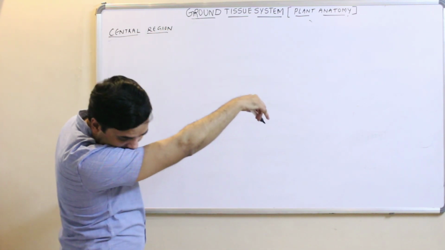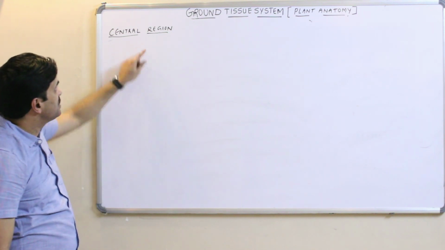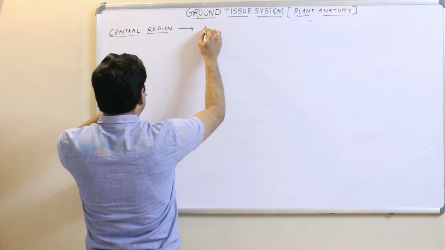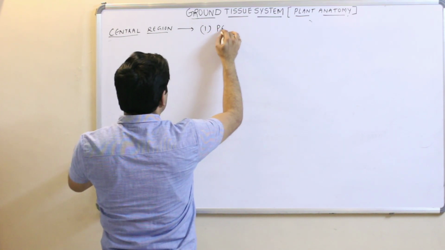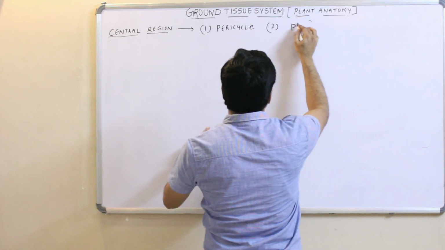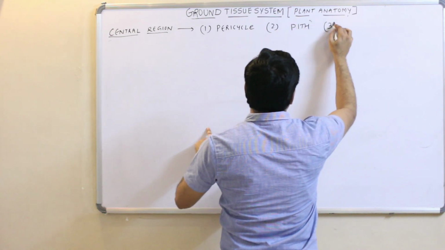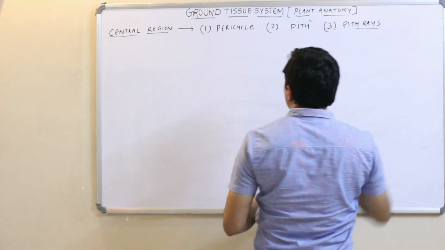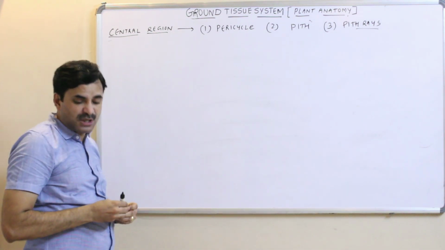Number one is we have to study pericycle, then pith, and then pith rays. All these three are included in the ground tissue system.